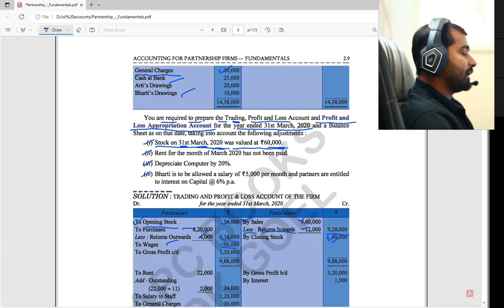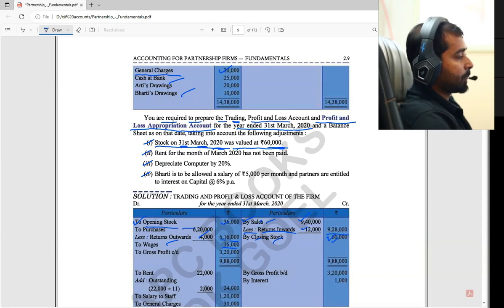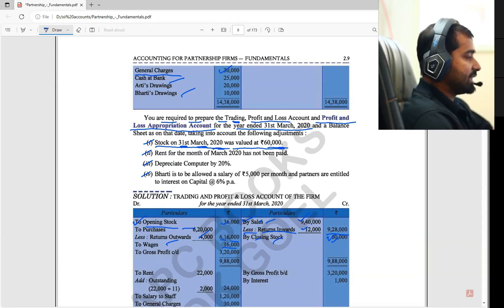Now on the right side, that is our credit side, what will be there? Sales less sales return and closing stock. These are the things that will come most of the time, unless they have given direct incomes; if not mentioned as direct income, we take these two only, sales and closing stock. If there is any sales return, definitely sales minus sales return. Now see, the credit side is more: 9,88,000.